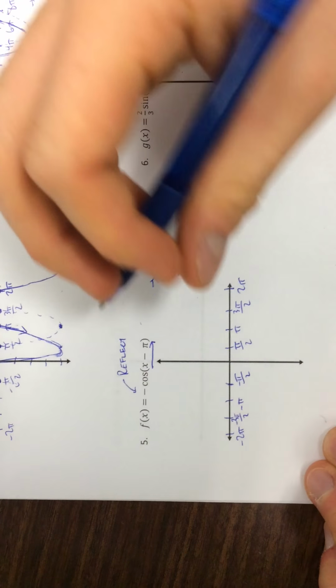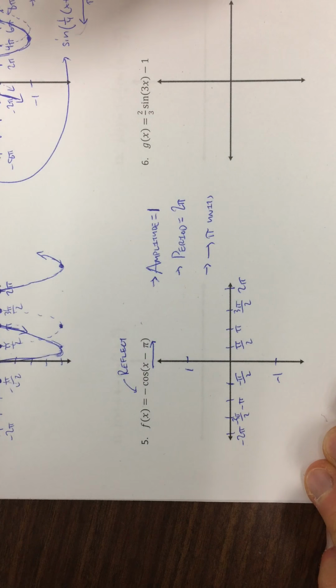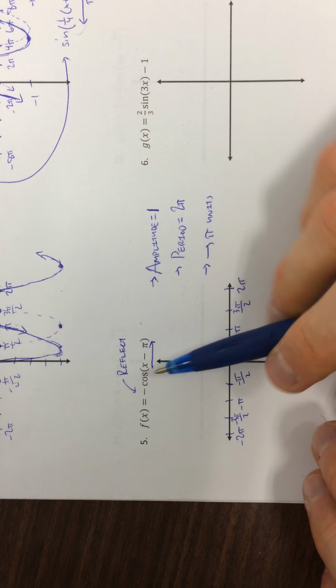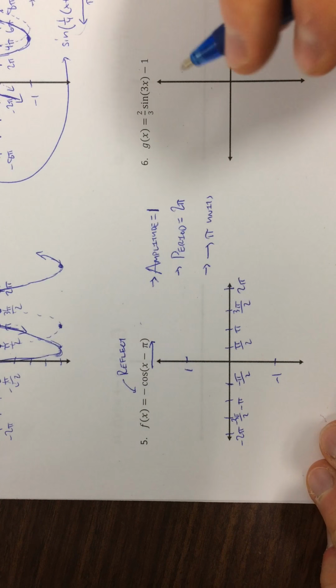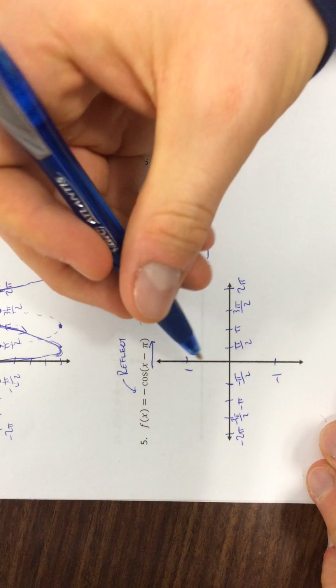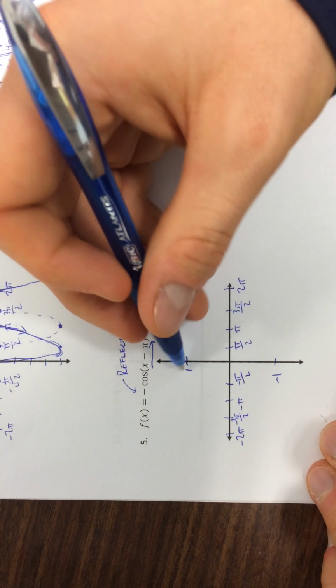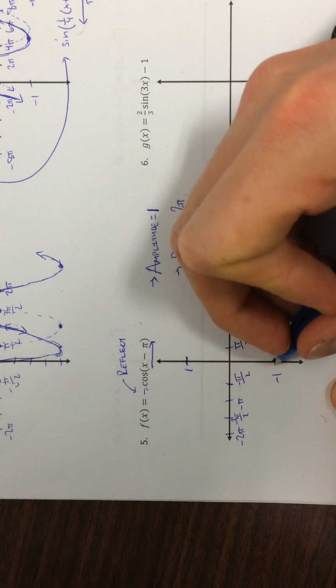We are not moving it up or down, so we can stay at 1, -1. Okay. Now, here's what I'm suggesting. Cosine is really being multiplied by -1. So let's draw the dotted line. If cosine, the parent function, starts at 1, let's multiply that by -1. So 1 times -1 would be -1.